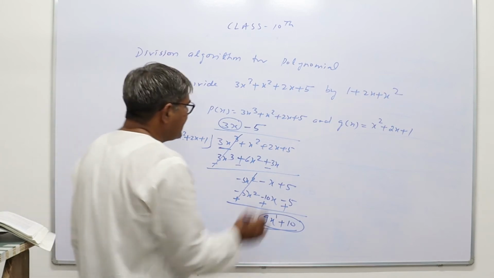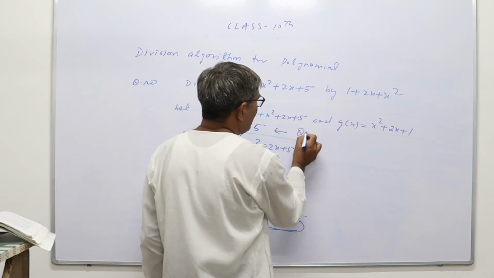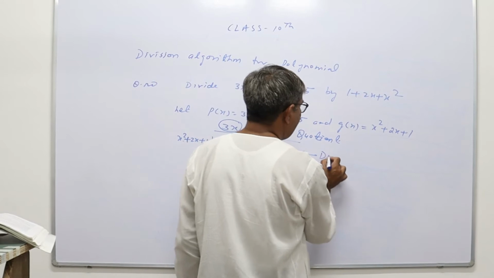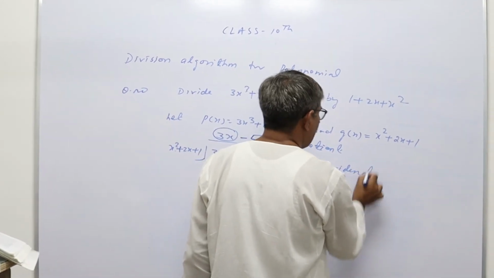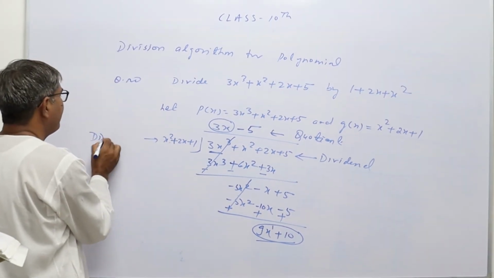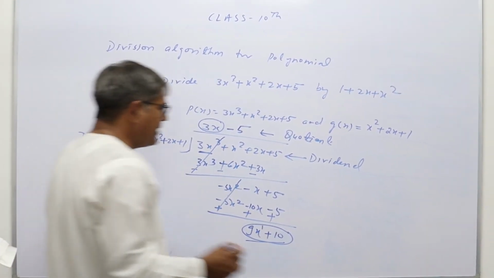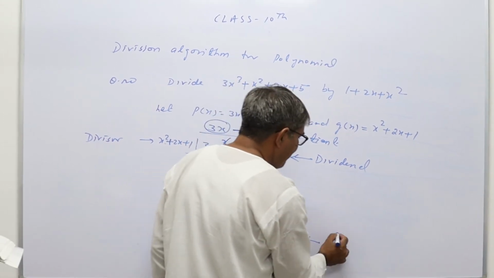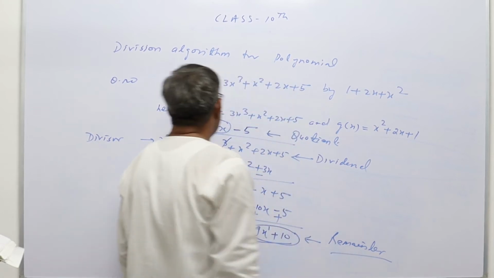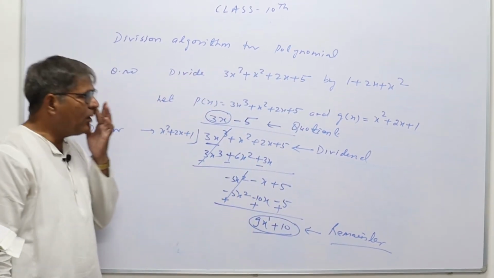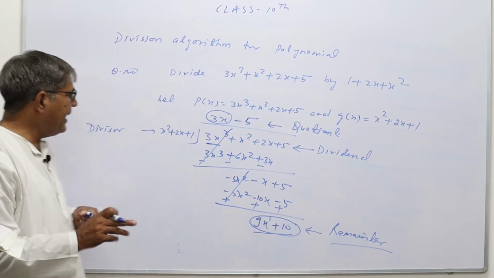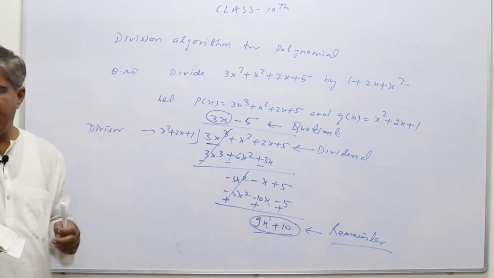So in this case, this is your quotient, this is your dividend, this is your divisor, and this one is your remainder. So in this way, we will divide one polynomial by another polynomial and find the quotient plus remainder.